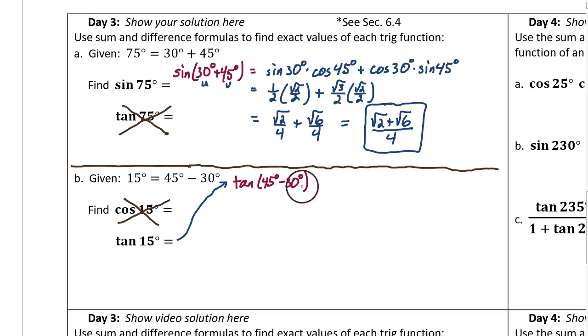When we use our identity from our notes, the letter U will be 45, the letter V will be the 30. Okay, let's use that identity. We get the tangent of 45 degrees minus the tangent of 30 degrees all over 1 plus tangent of 45 degrees times the tangent of 30 degrees.